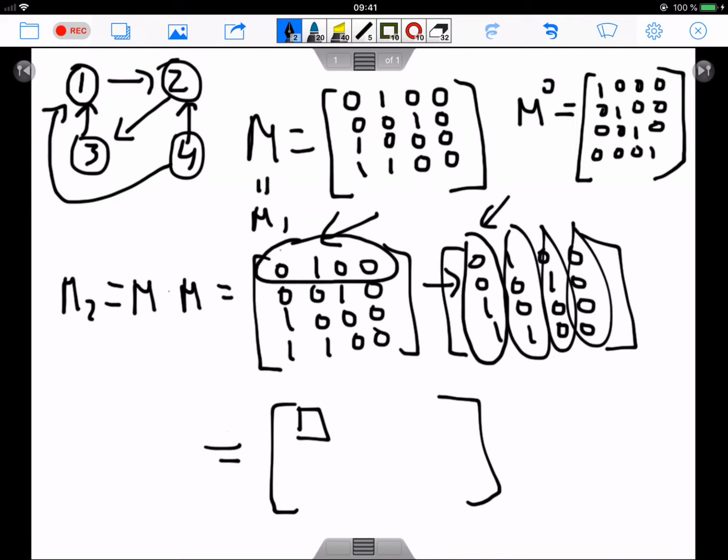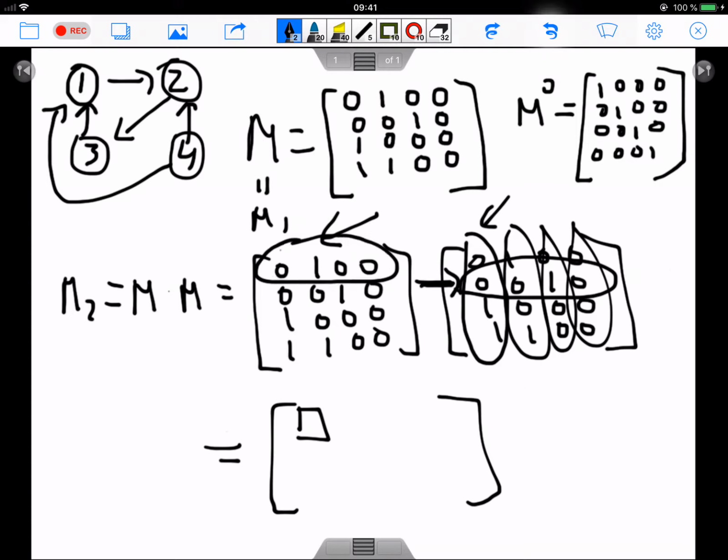All the time we are with the same row, so we are only going to multiply the one for the elements in this row here. So when we multiply the matrix by this row to find the first row of the square, we only care about this one that is going to select this second row here.